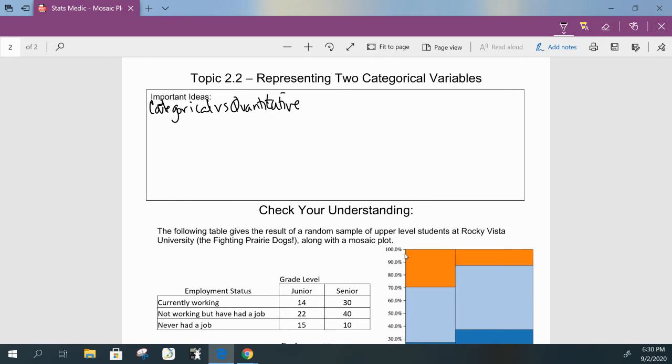So we switched words. So categorical variables take a value that are names or labels.